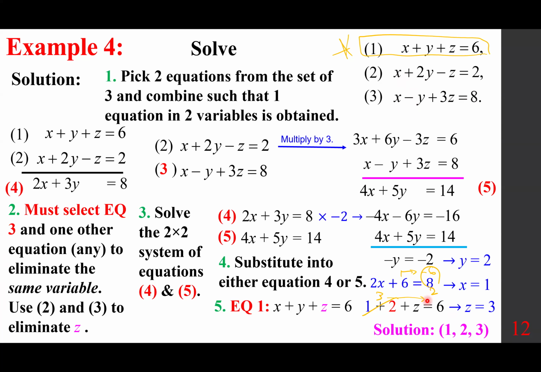X is 1. 2 times 2 is 4. They add up to 5 minus z, which is 3. 5 minus 3 is 2. X minus y, 1 minus 2 is negative 1, plus 9. Negative 1 and 9 is positive 8. So we quickly check, everything works, and that's fine. And that's the idea. Always check.